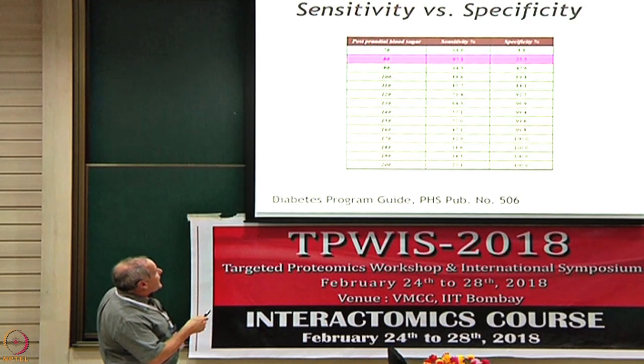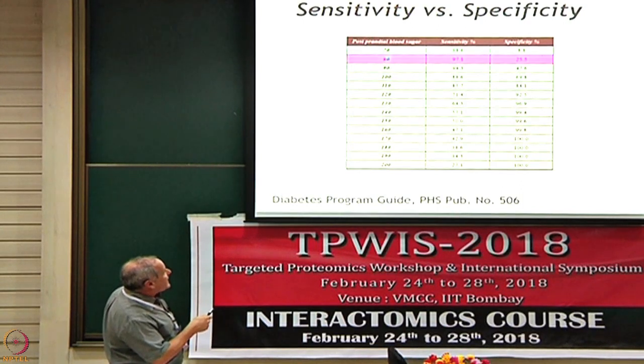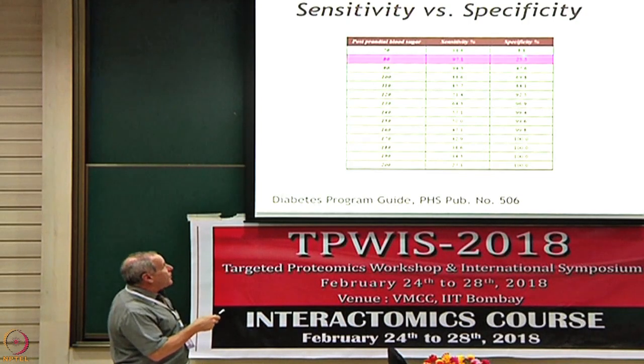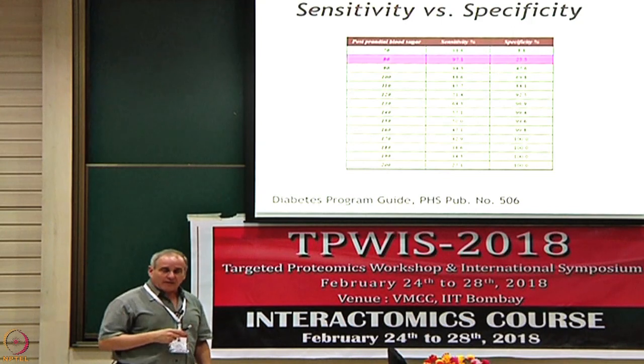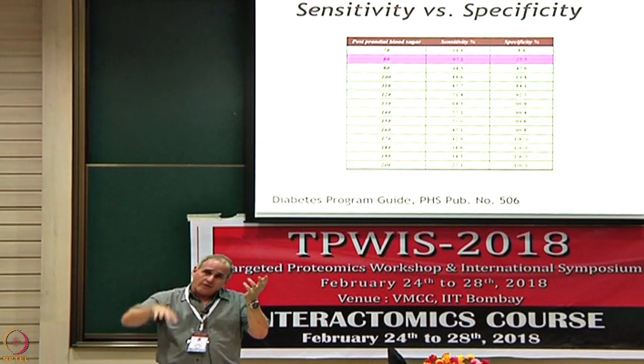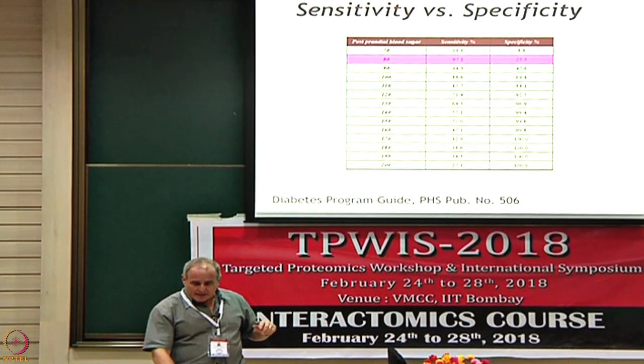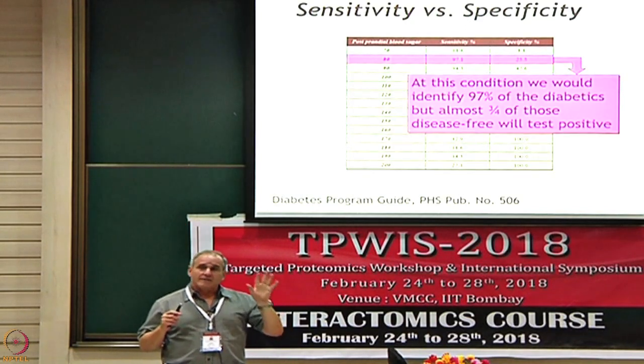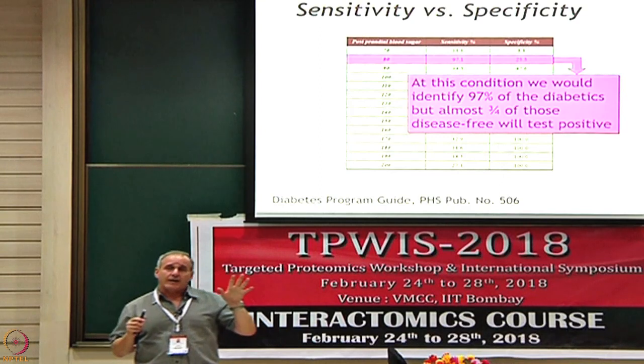So if you use 80 as your cutoff, you're going to be 97% sensitive, right? But you're going to be only 25% specific. So one goes up, the other goes down. So what that means is that you're going to identify 97% of the actual diabetics.